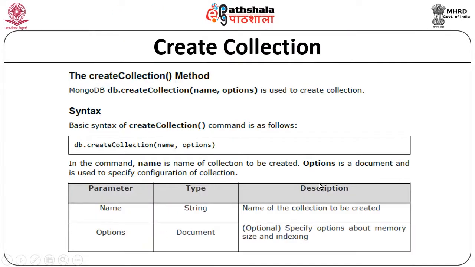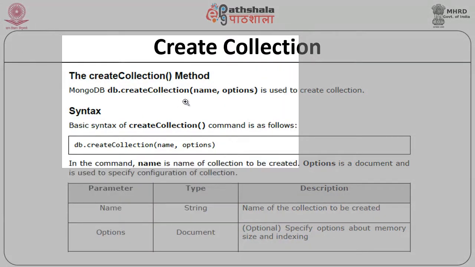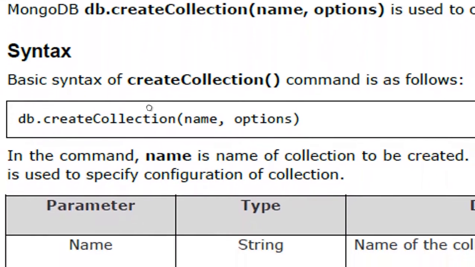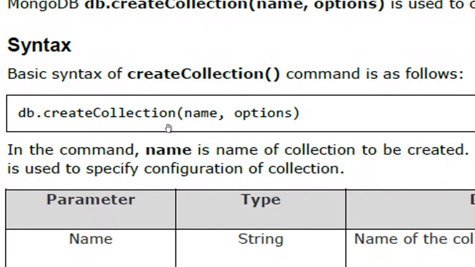Next is how to create a collection. For this there is a method called the createCollection method. The syntax is db.createCollection and it takes in two parameters, name and options. When you want to create a collection, first you should go into the respective DB by using the use DB command, and then type db.createCollection.